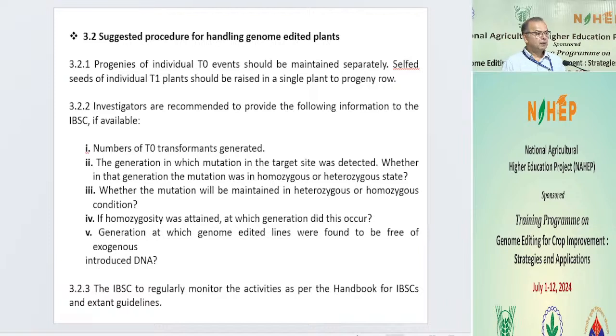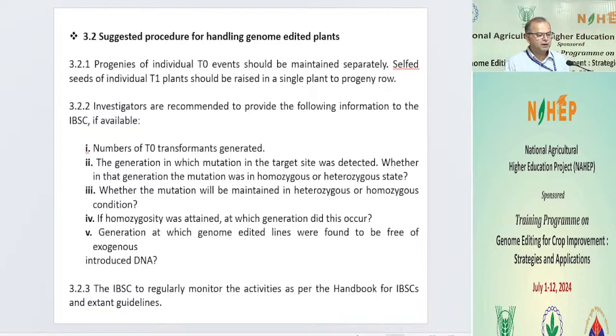But here you are given a clear detailed procedure for each and everything. Say, for example, how will you handle the progenies? Progenies of individual T1 events should be maintained separately. Self seeds of individual T1 plants should be raised in a single plant to progeny row. See, every detail is given, how you will grow the progeny plants, how you will do the assay.